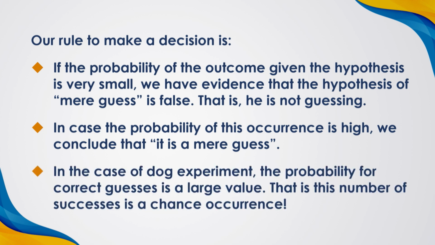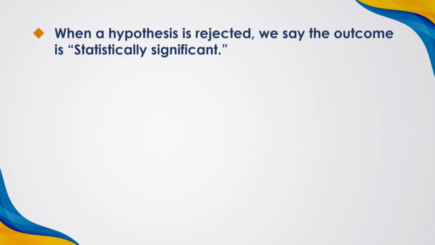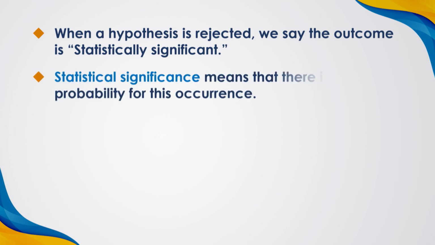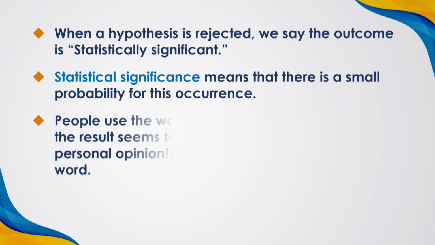In the case of the dog experiment, the probability for correct guesses is a large value. That is, the number of successes is a chance occurrence. When a hypothesis is rejected, we say the outcome is statistically significant. Statistical significance means that there is a small probability for this occurrence.